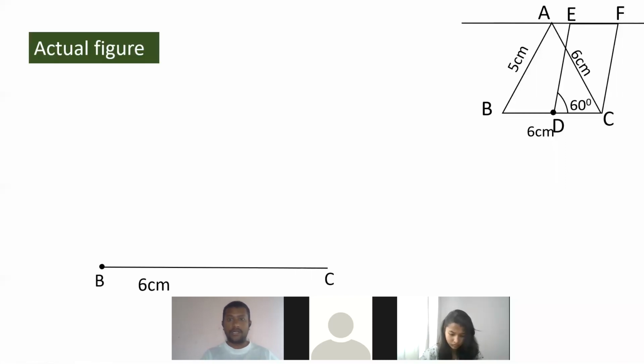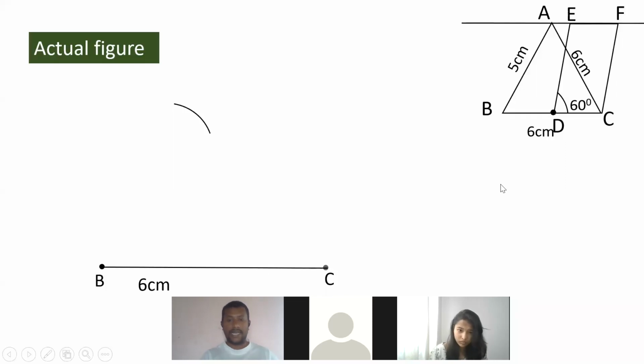Some of the students are doing along with me. So I'm very happy with those who are going to construct along with me. So this is the arc taken from B as center.